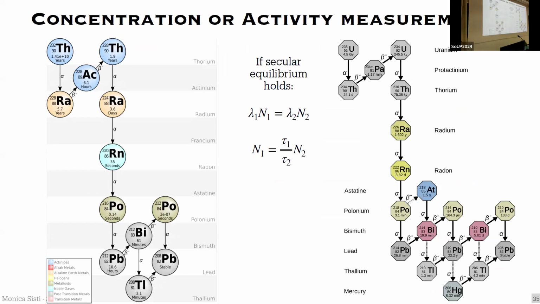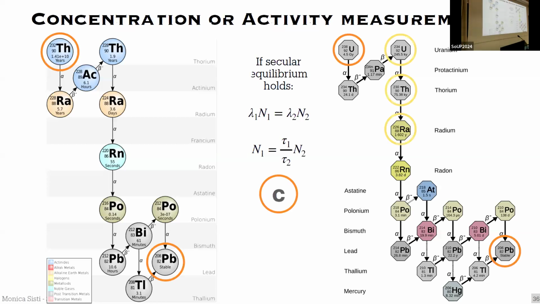So going back to our decay chains, if we have secular equilibrium, this means that the concentration of the nuclides that have a shorter half-life is much smaller than that of the progenitor. That's why it's very difficult to make a concentration measurement.